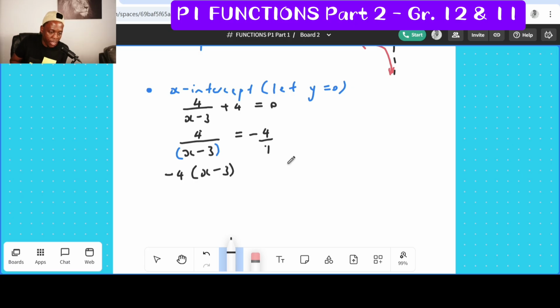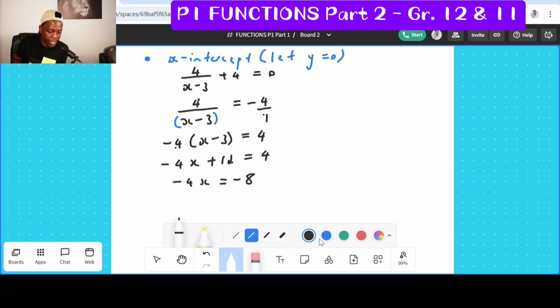Then 4 will multiply 1, which is 4. So negative times x, that's going to be a negative 4x. Negative times negative 3 is a positive 12, is equal to 4. Negative 4x, let's take 12 to join 4. That's going to be 4 minus 12, which is negative 8.